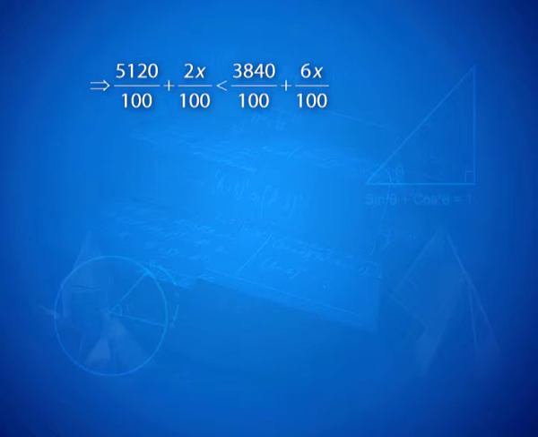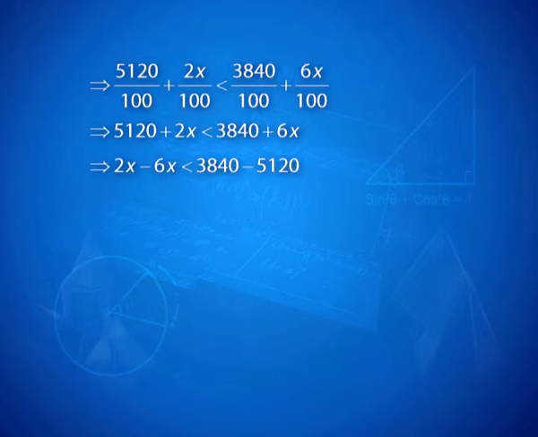On solving, we get 2x minus 6x is less than 3840 minus 5120, further giving us minus 4x is less than minus 1280.